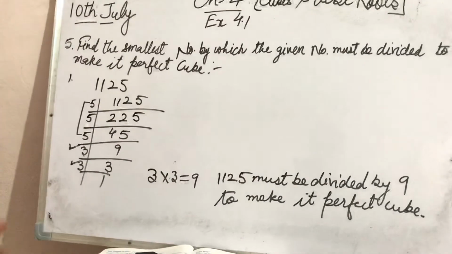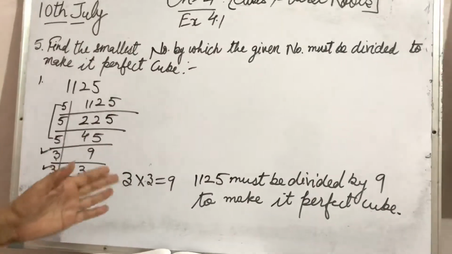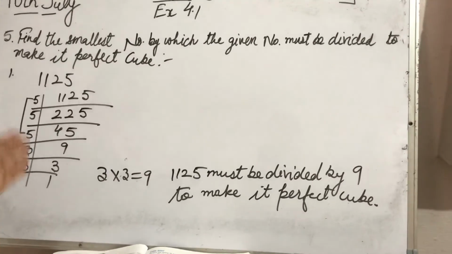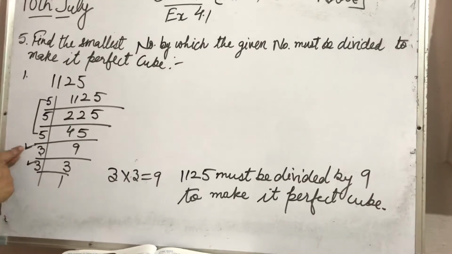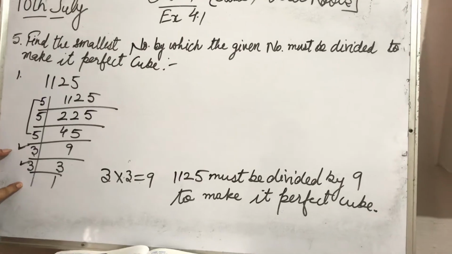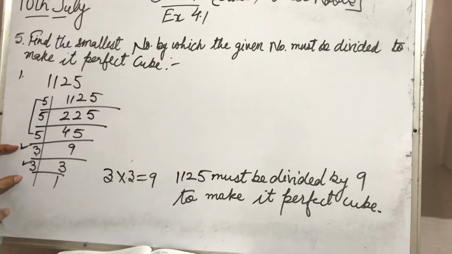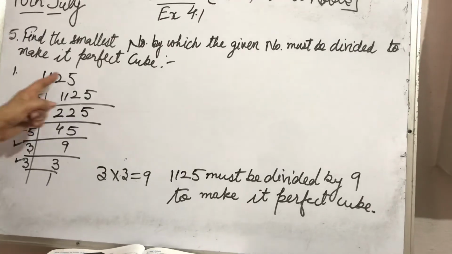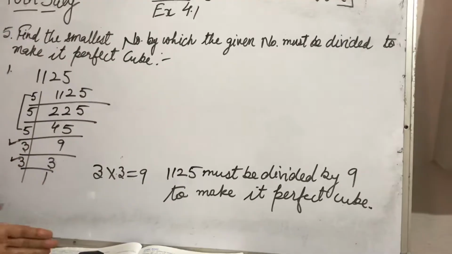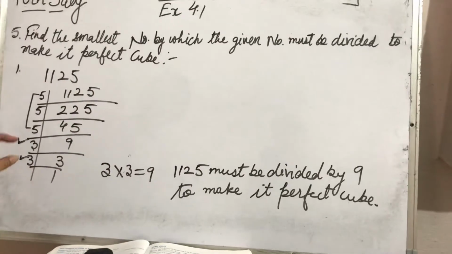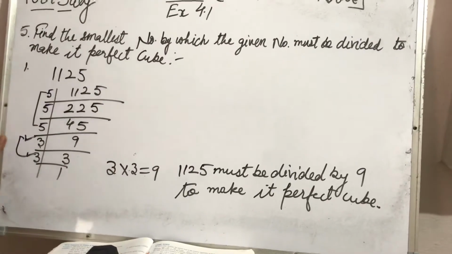Remember this thing: if we have to multiply, we find such a number by which this number will be multiplied. Then we have to complete this triplet. One more 3 will be added and the triplet will be complete. But if we have to divide, we find such a number by which this number will be divided. Then we have to remove these extra numbers.